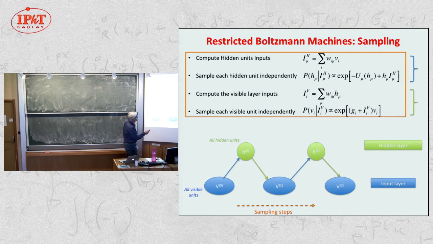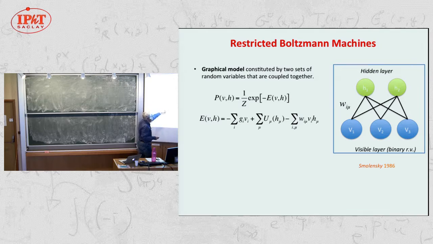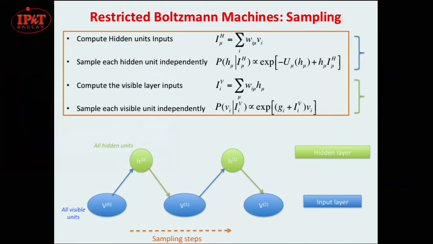So now what I do is compute the input coming onto visible unit i, which is just the sum over mu of W_i mu h mu, and I will sample the activity of visible unit i from this distribution here. There is a local field, g_i, which was written here, plus an effective local field, which is the contribution of the hidden units.